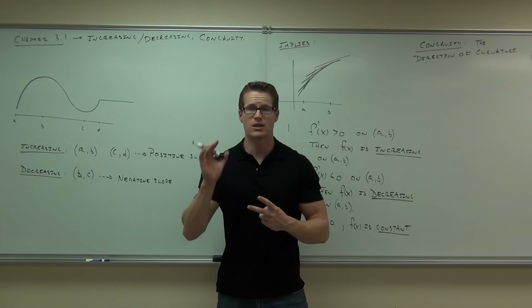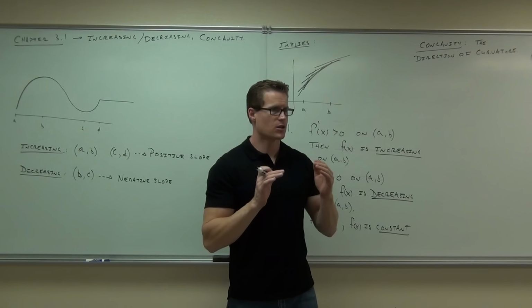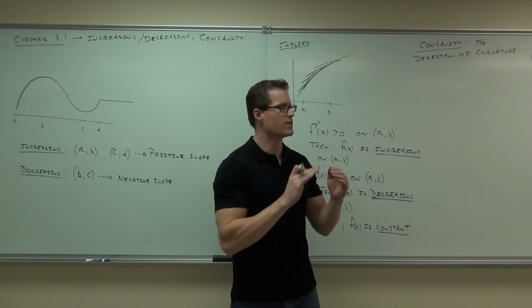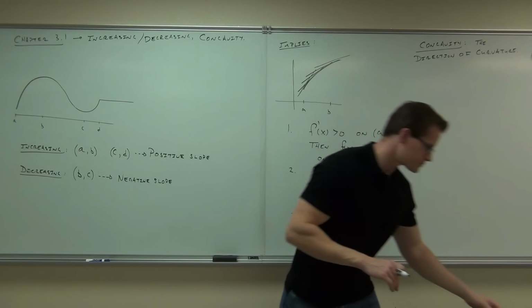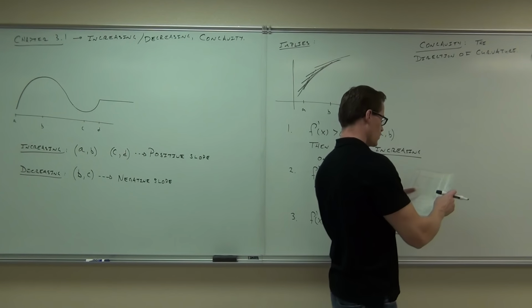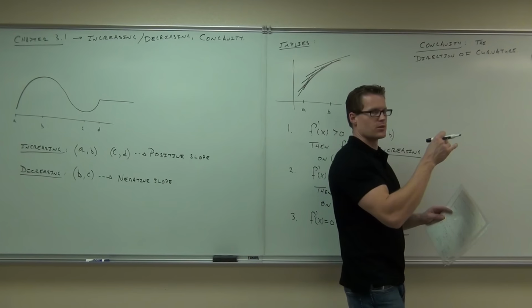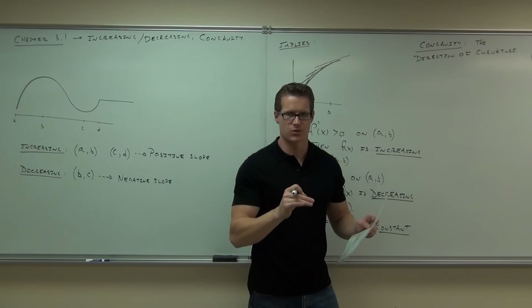First derivative gives you increasing and decreasing. Concavity gives you the way that you are curved, the direction of curvature. That's the second derivative. So basically it's how a curve is increasing and decreasing.